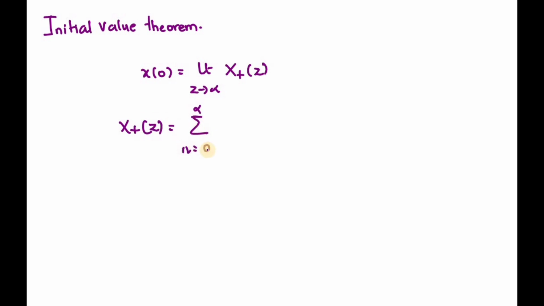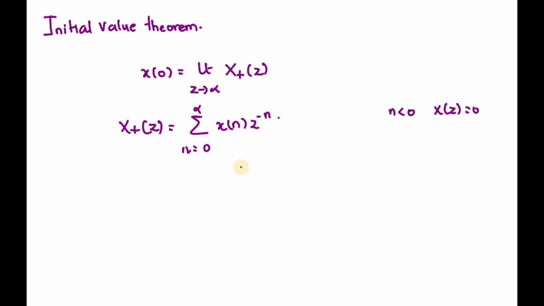It is not minus infinity to infinity, because for n less than or equal to 0, x of n value is 0. So therefore x plus of z is nothing but summation n is equal to 0 to infinity x of n z power minus n.